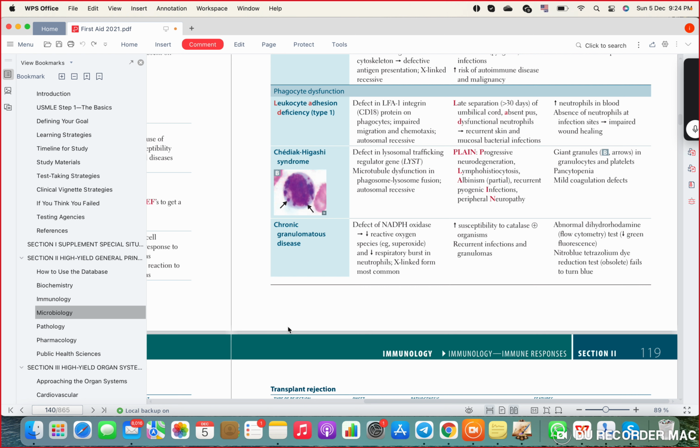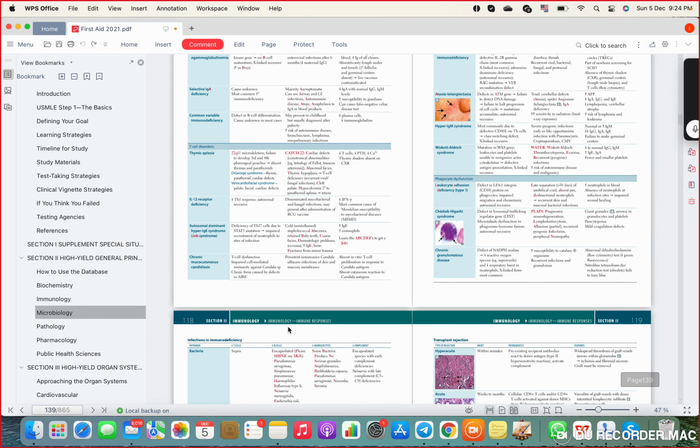And when we do the tests, we have two tests: the dihydrorhodamine test, and the nitroblue tetrazolium test. And treatment for this is interferon gamma in CGD. Remember that these patients have a high risk of Staph aureus and all of the ones you said. Catalase positive. Yeah, doc.